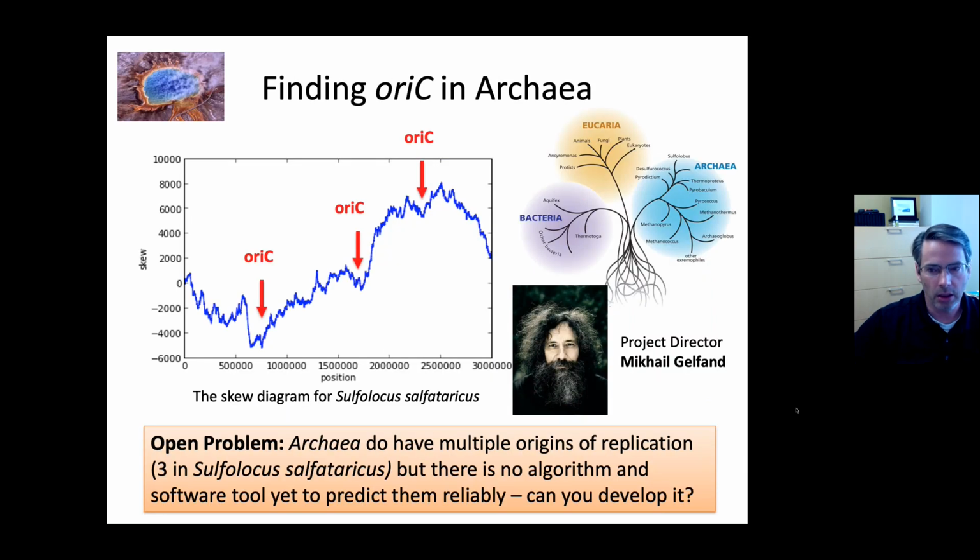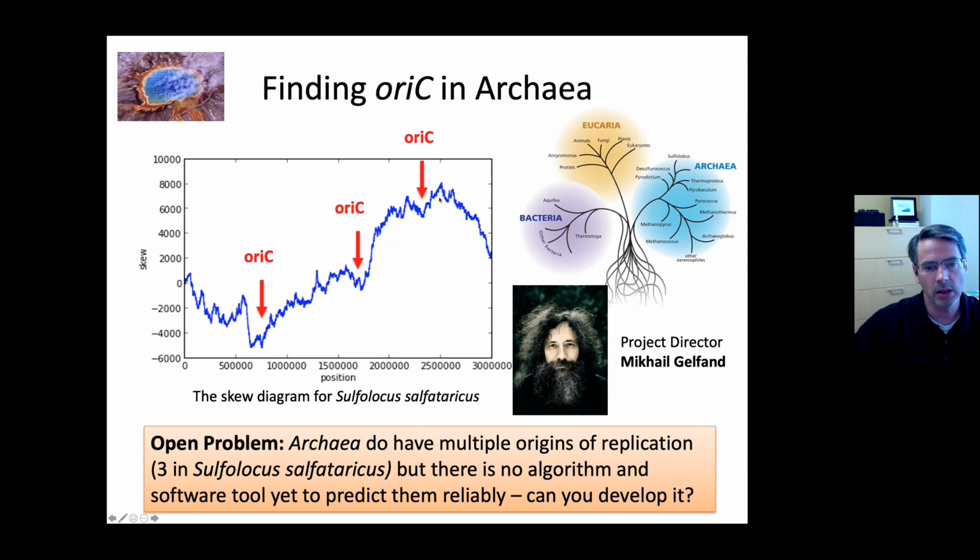It gets more complicated in Archaea. We know that Archaea have multiple origins of replication. Okay, and so far there's no algorithm, at least as of the 2nd printing of the textbook, to confirm origins of replication in Archaea. Right, because you can find more of these min skews, right?